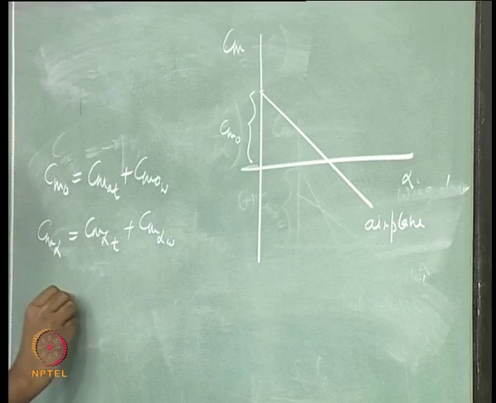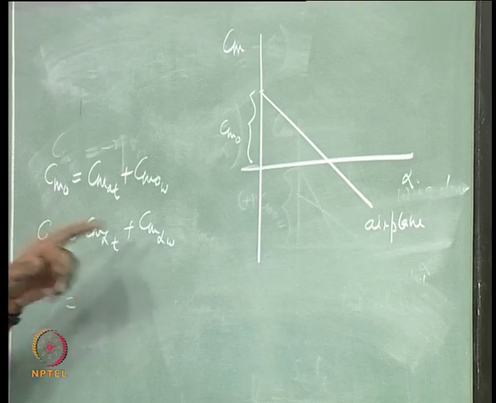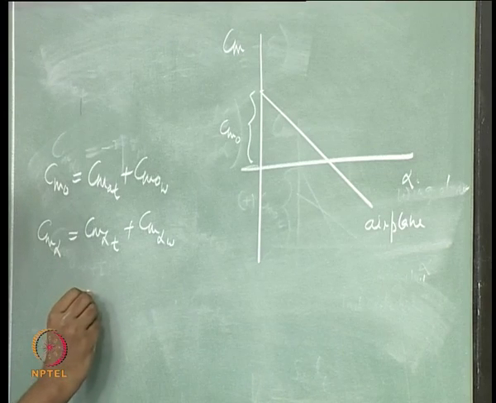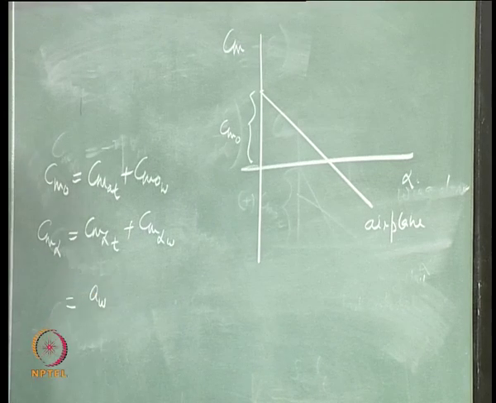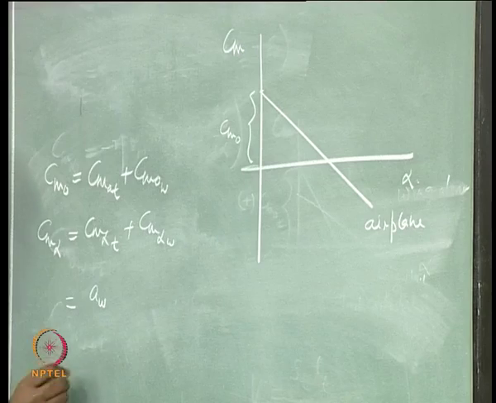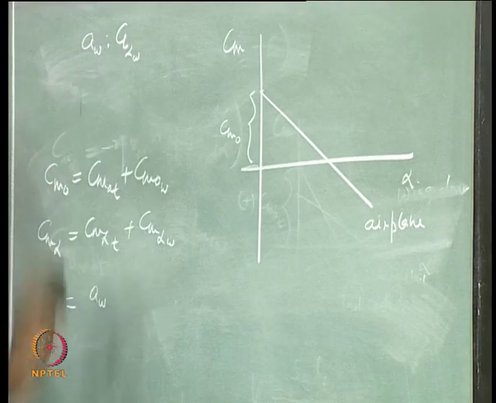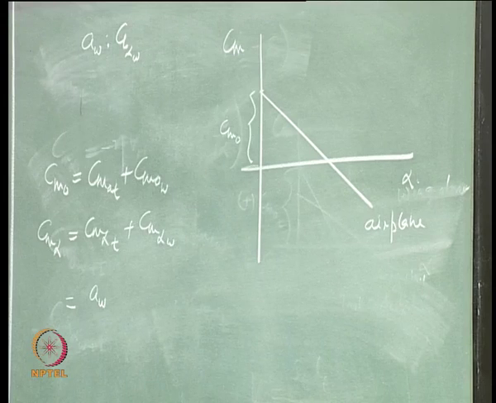If I want to write the expression for this, what is Cm alpha due to wing is AW, which is CL alpha W. Okay.